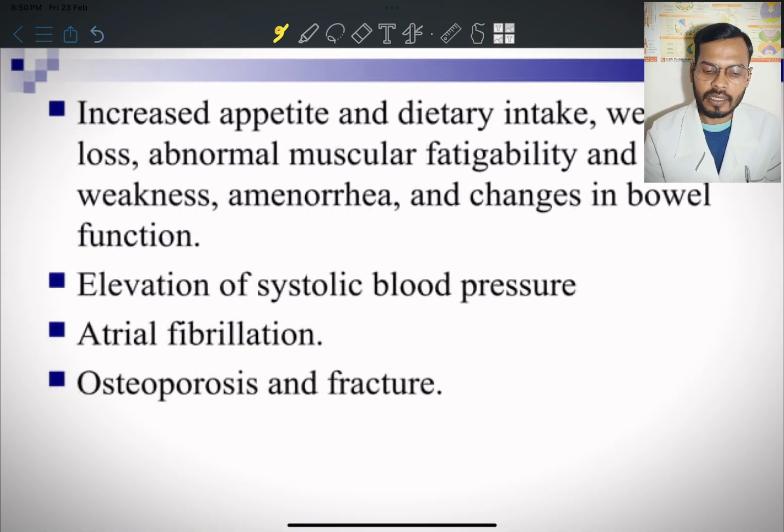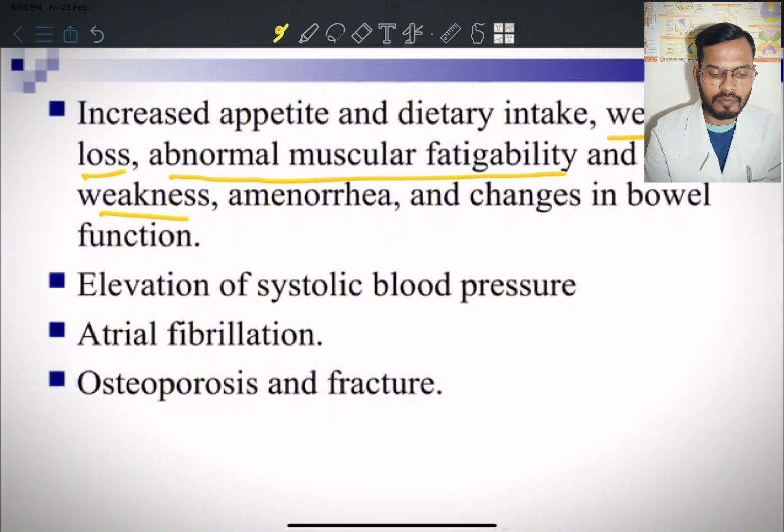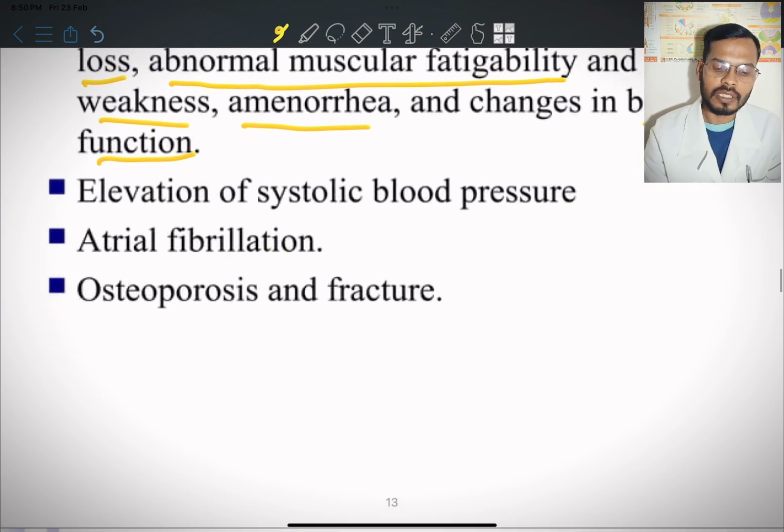Also increased appetite and dietary intake, abnormal muscular fragility and weakness, amenorrhea, changes in bowel function, elevation of systolic blood pressure, atrial fibrillation, and osteoporosis and fracture also. These are all symptoms.